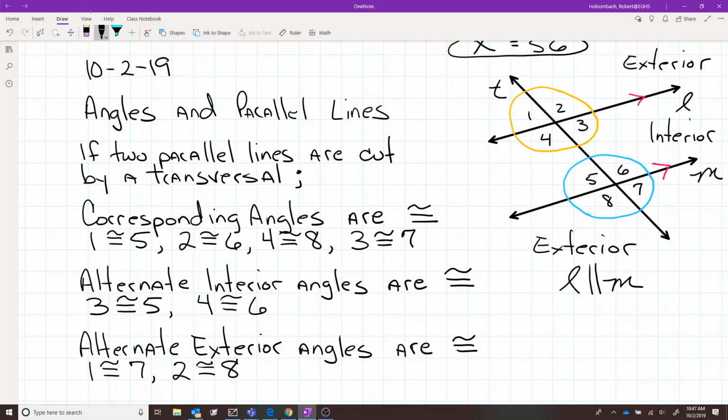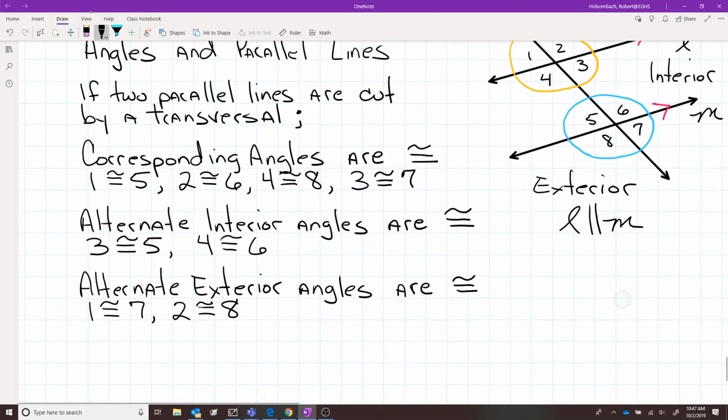All right, the last rule for this section relates to same side interior. Same side interior. They're on the same side of the transversal, but they're in the interior.